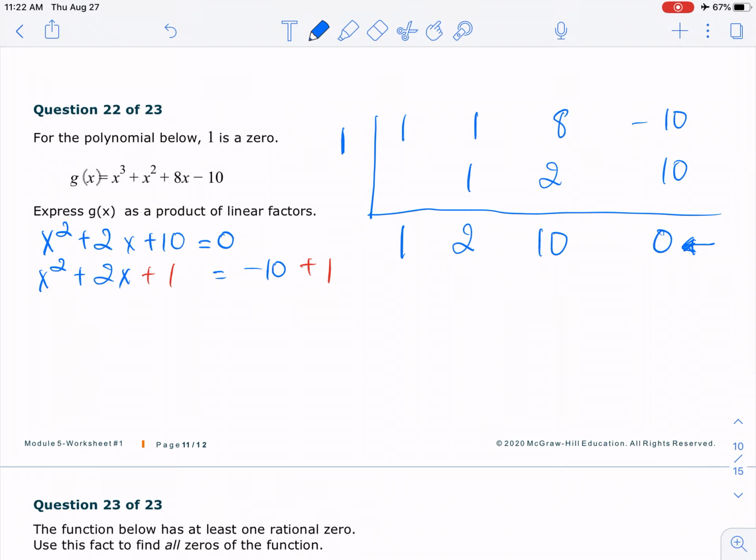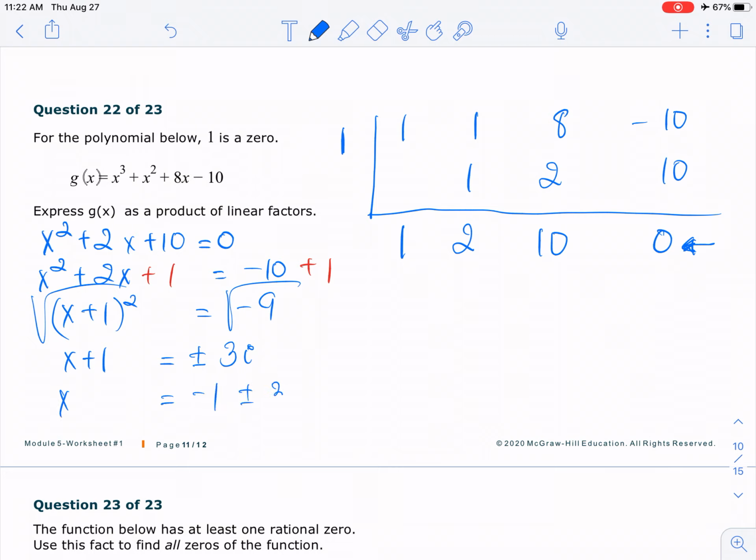So what I have is x plus 1 squared. This one is negative 9. Taking the square root, I ended up with plus and minus 3i. Okay, so I have to move the negative 1 over.